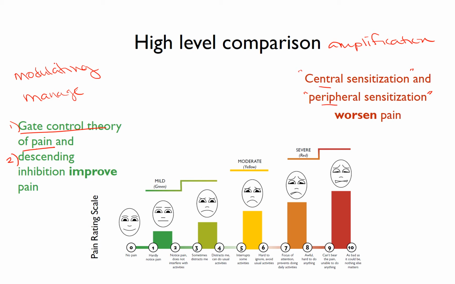So this is essentially sensitization of the nervous system, either taking place in neurons of the CNS or in nerves of the PNS, the peripheral nervous system and central nervous system. And when these pathological processes are ongoing, they worsen or amplify pain.